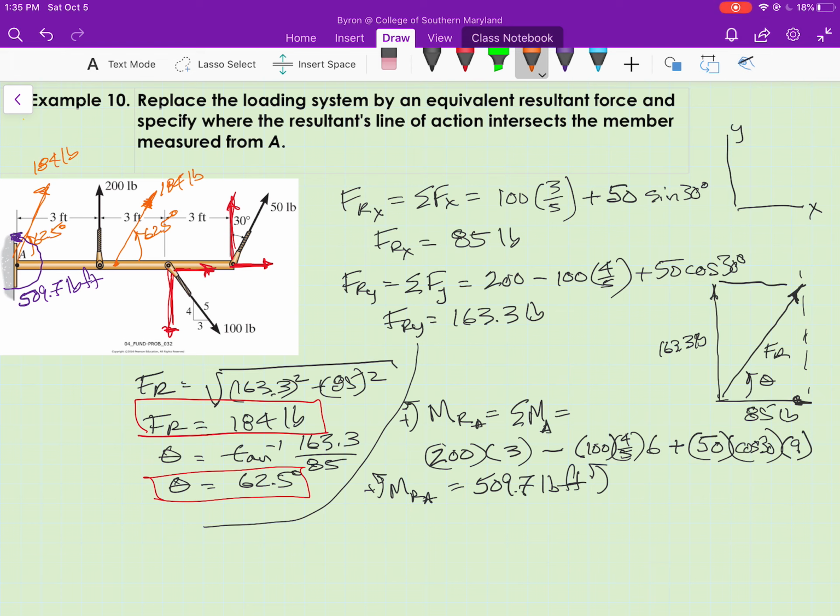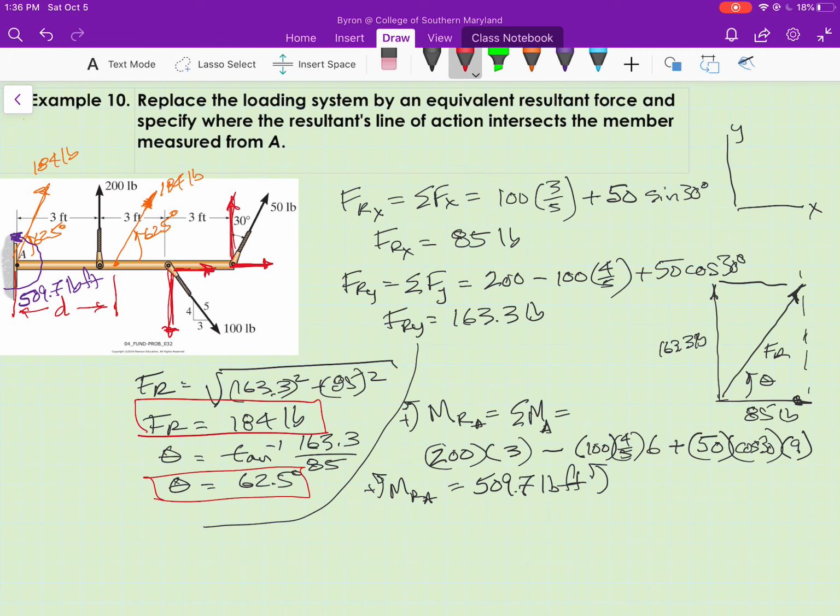But now what we're trying to find is what distance D will result in that resultant force of 184 pounds acting at 62.5 degrees creating a moment about A of 509.7 pound-feet.